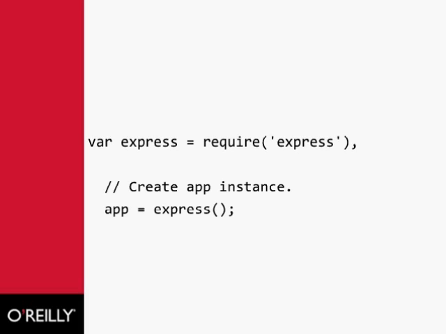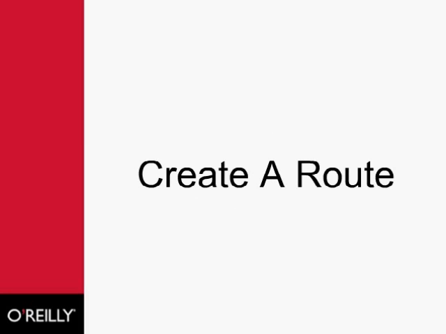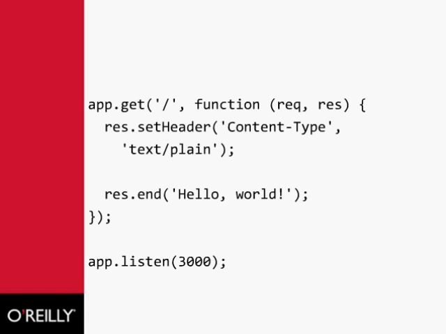To create a route, most of the route methods have method names on the application object that you get from Express. So you can do app.get or app.post and then pass in the path and create a callback function. And that callback function is your route handler.